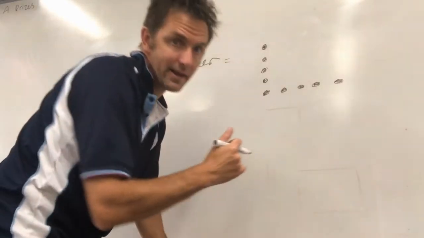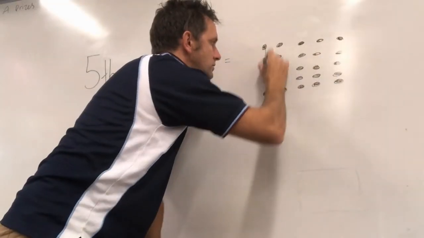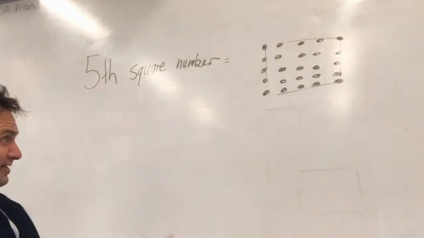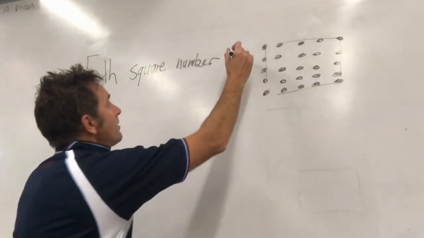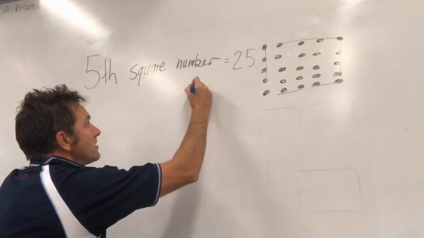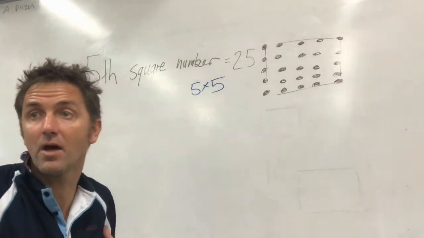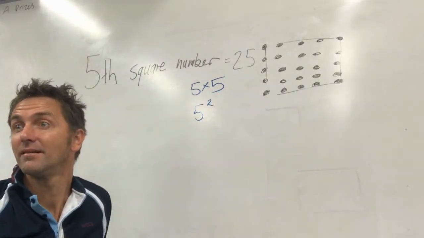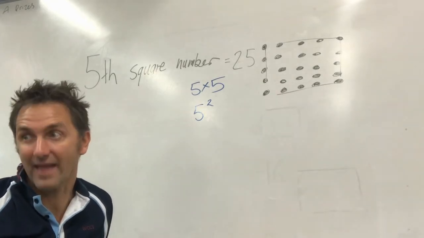Are we all doing this? Good. It's not perfect, but it's good enough. The fifth square number equals 25, which is 5 times 5, or 5 squared, because that little 2 means squared.